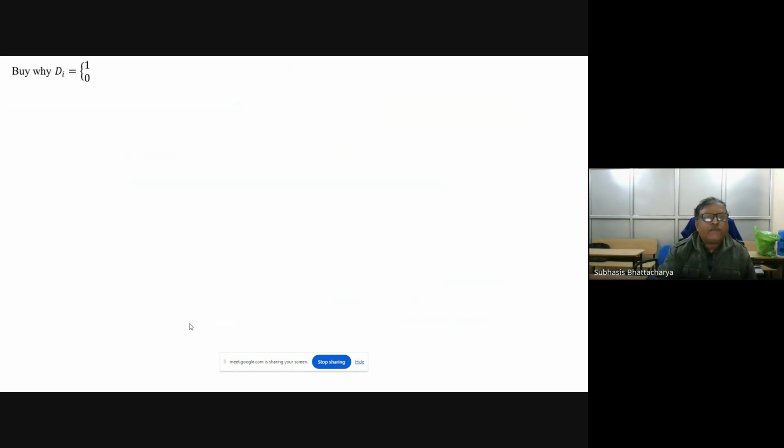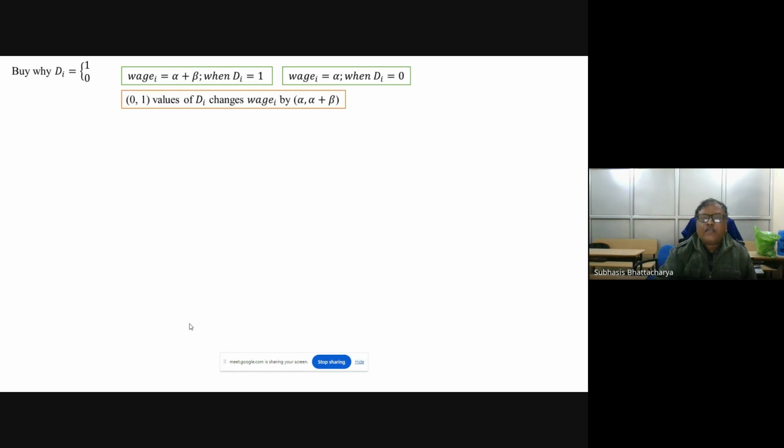What is the implication? When Di equals 1, the wage is alpha plus beta. When Di equals 0, it becomes only alpha, because beta into 0 becomes 0, so the wage is only alpha.